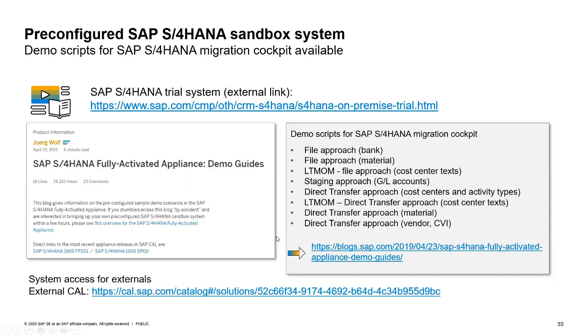If you would like to know what that is and how it's working, you're welcome to check the blog on the fully activated appliance system. Currently, the scripts with the instructions on how to use Migration Cockpit are available for the SAP S4HANA 1909 release, but the update for the 2020 release is coming soon.